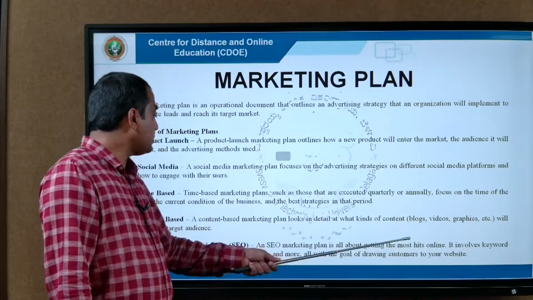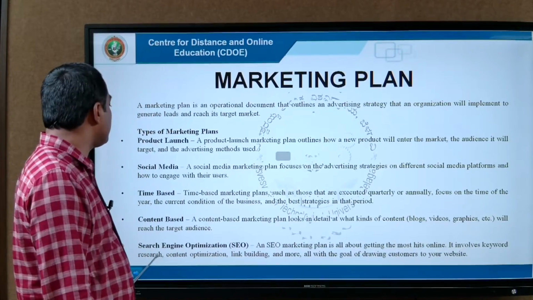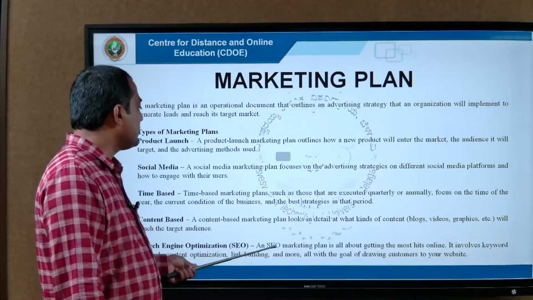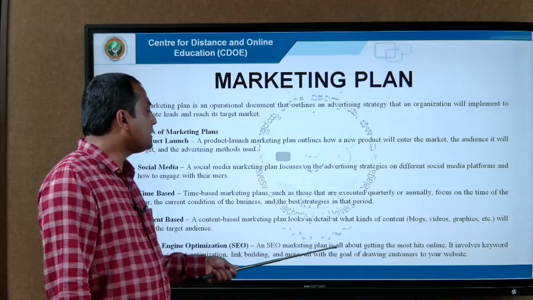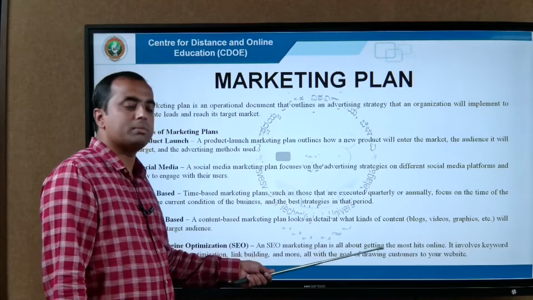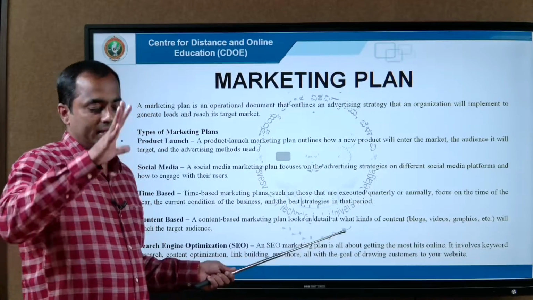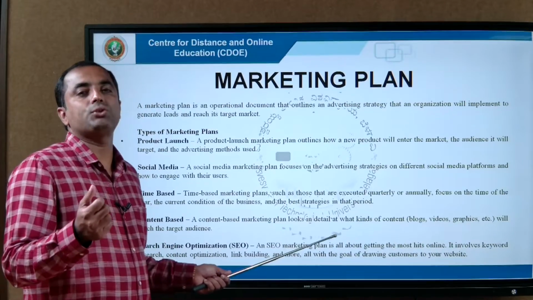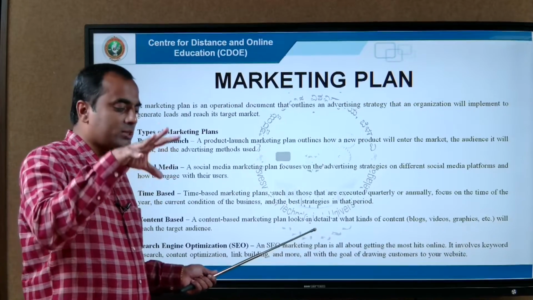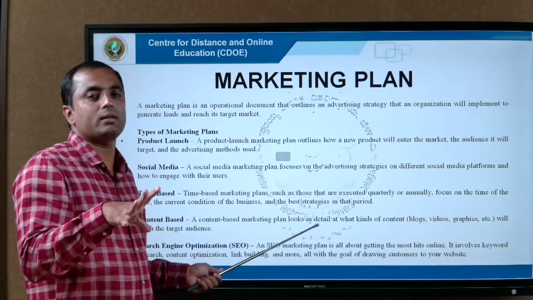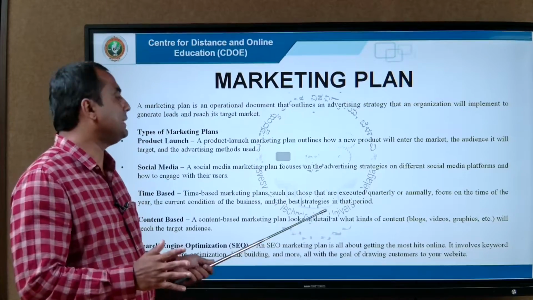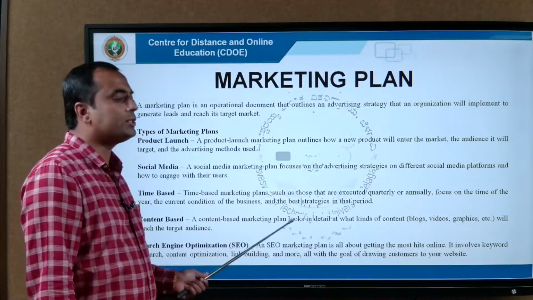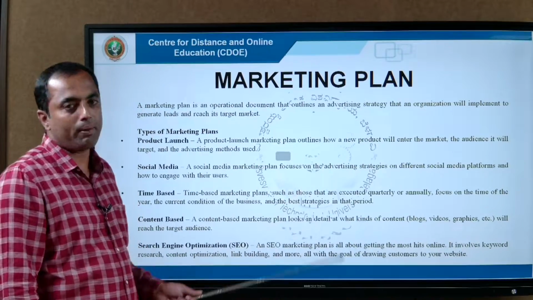It involves keyword research, content optimization, link building and more, all with the goal of drawing customers to your website. So, the intention is to grab the attention of the customer towards your specific content or your specific website. That we basically call a search engine optimization marketing plan.